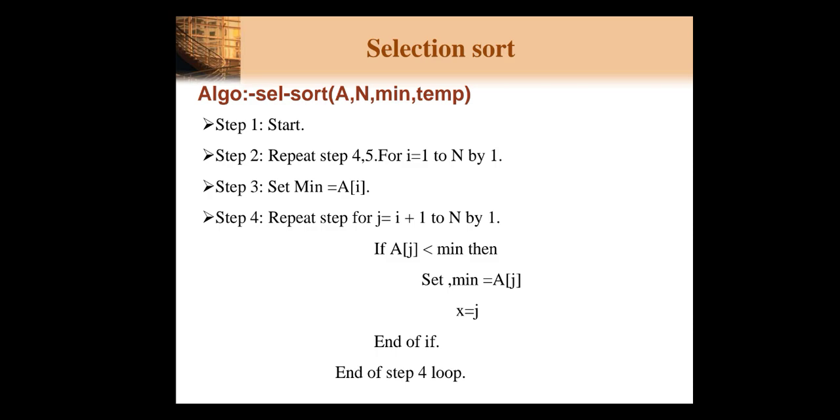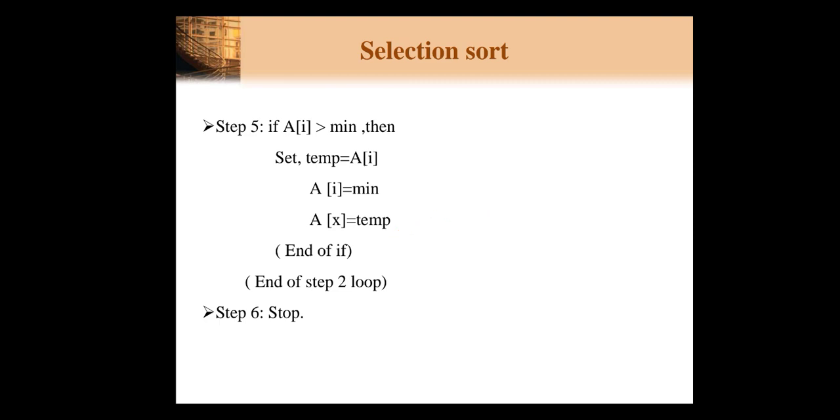So we take that position, the j position, and store it in a variable. In this way this loop is used for finding the minimum value from the remaining elements.